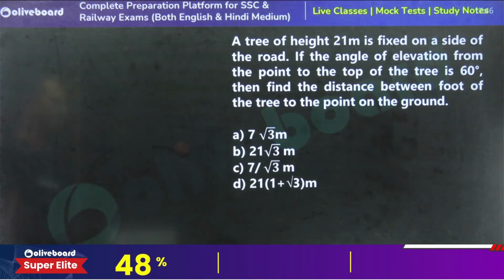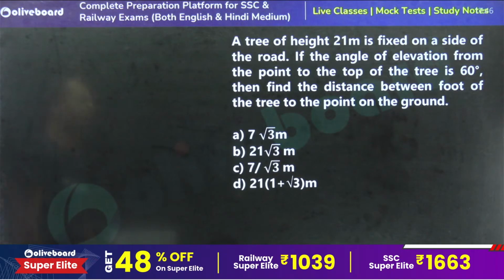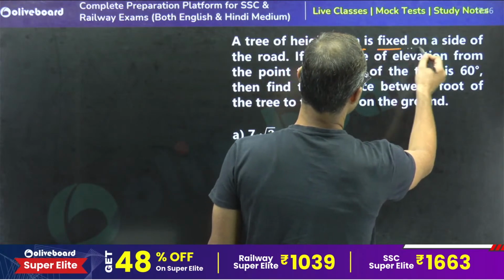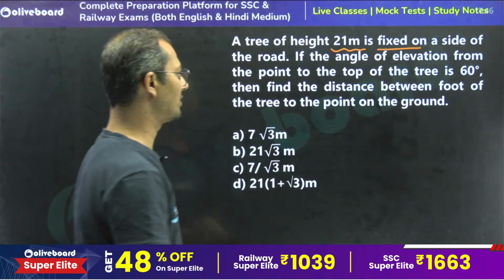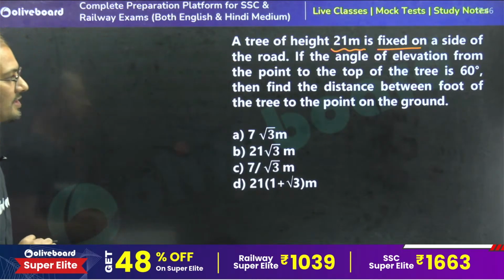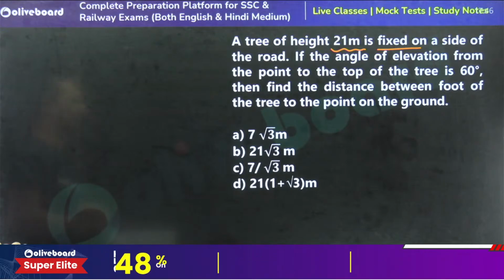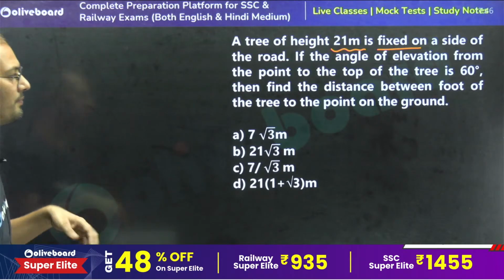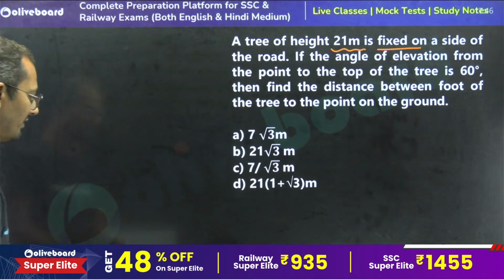So moving to next. A tree of height 21 meter is fixed on a side of the road. If the angle of elevation from the point to the top of the tree is 60 degree, then find the distance between the foot of the tree to the point on the ground. See, again very easy question.